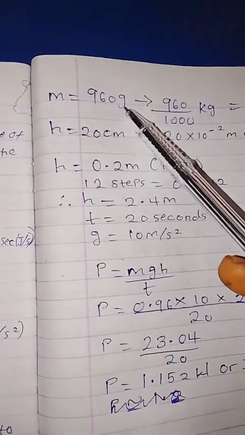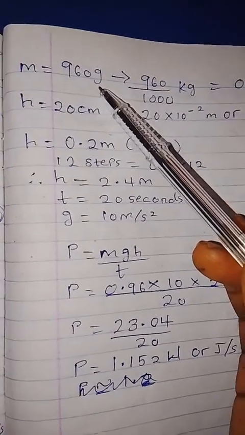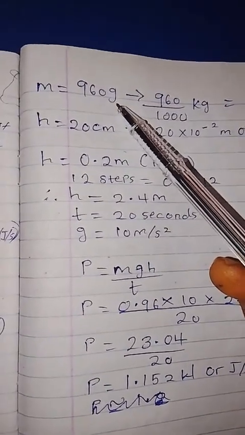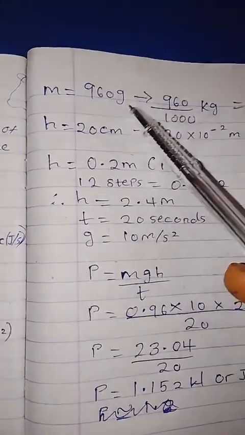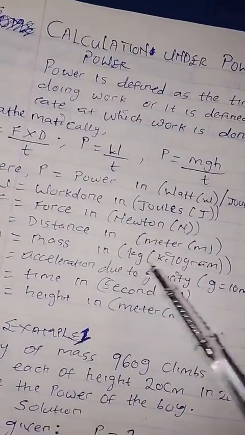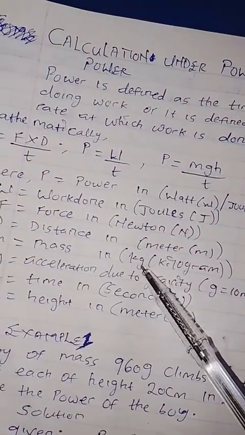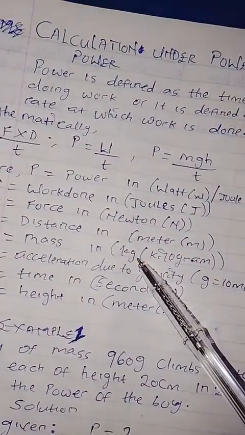But in this question they put gram, so the first thing you have to think of is to change this gram to kilogram. You cannot solve that way. Why? Because that is not the unit they want from you. The unit they want from you is kilogram, not gram.